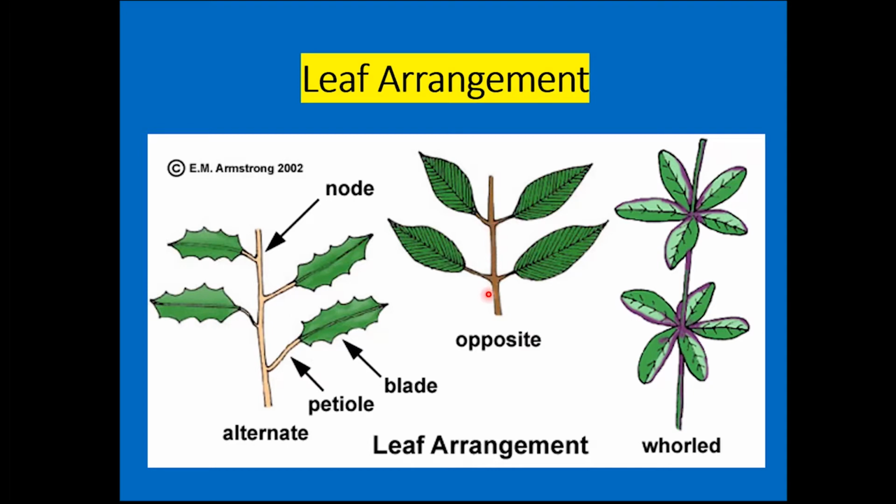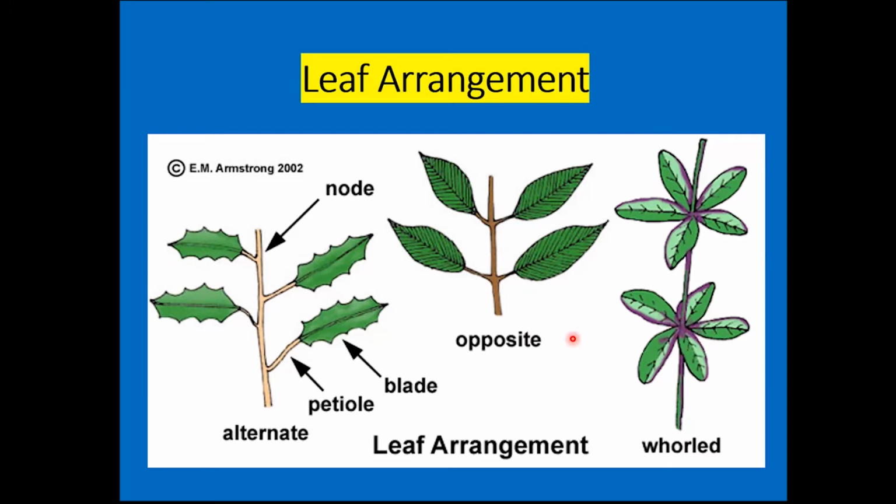When these leaves fall off, they'll fall off there, they'll fall off there. Here's one where it's whorled. It means every node has two or more leaves that follow it around at the same node.